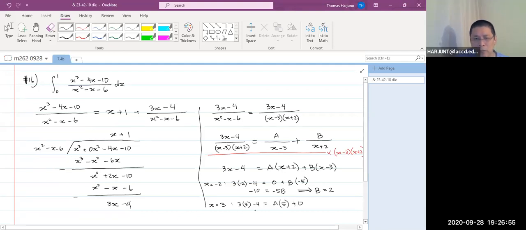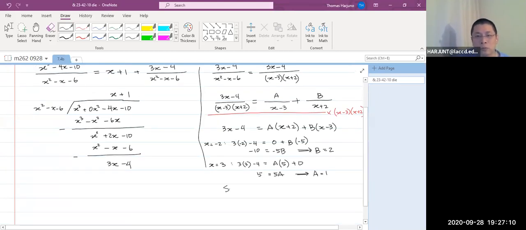So that's 5 equals 5a, so a equals 1. So now we have 3x minus 4 over x squared minus x minus 6 is decomposed into 1 over x minus 3 plus 2 over x plus 2.